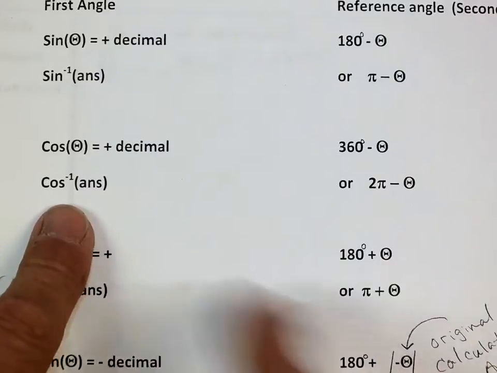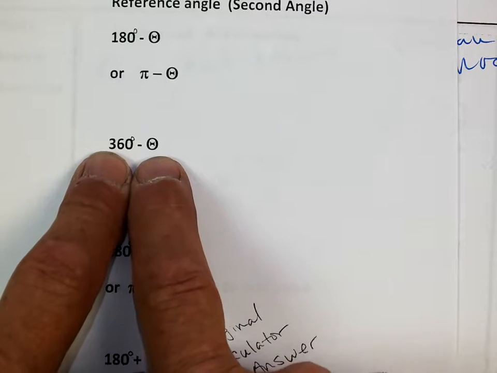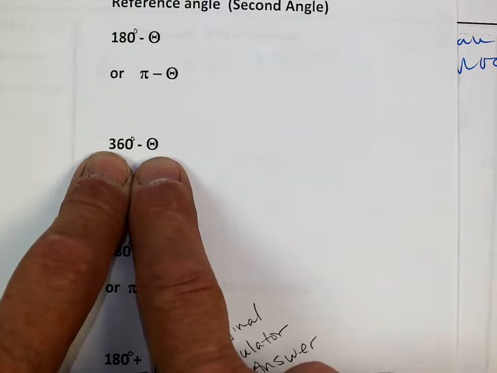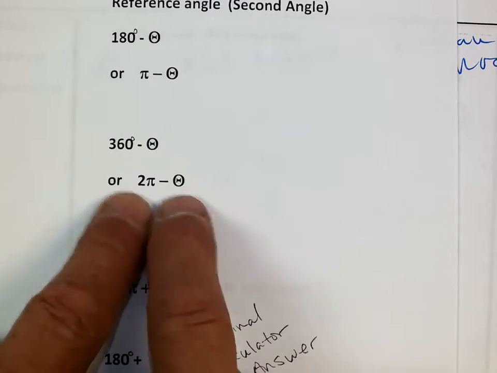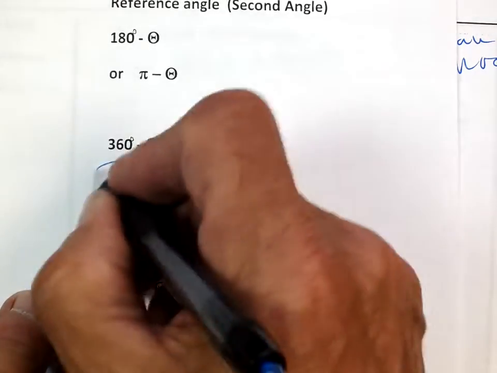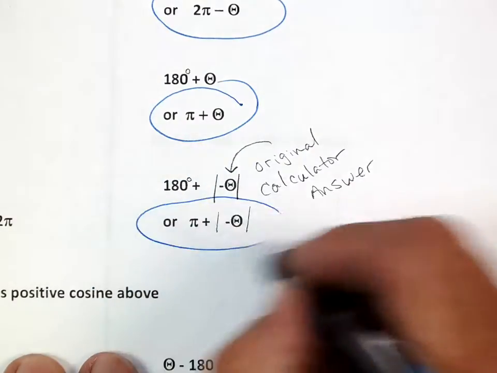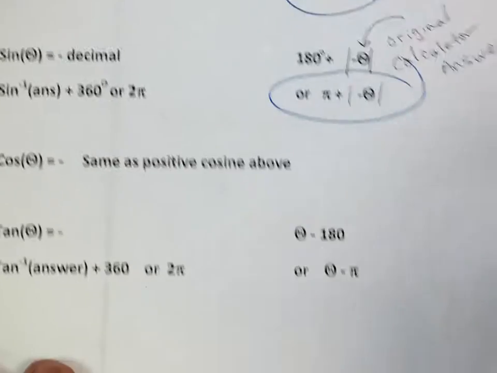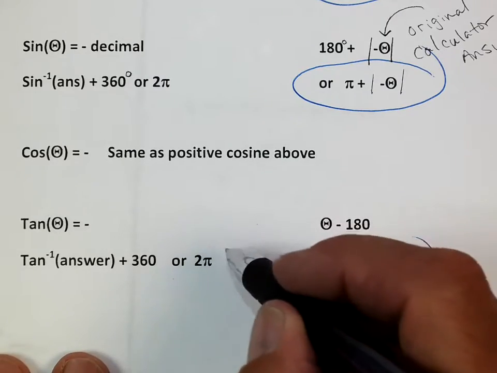So how do we find the second angle? Well, we're either going to go 360 degrees minus theta, but those are degrees, and degrees are for dummies, or better yet, let's circle our radians, because we're not really going to use the degrees, are we?